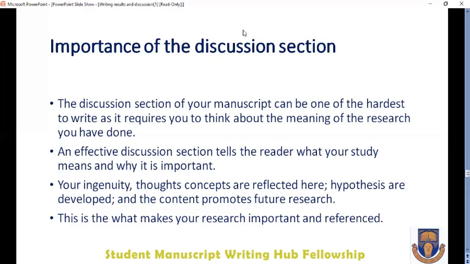So if you want to do further studies in a field, one area you should go to is to look at the discussion. That is where the scientists are going to propose possible explanations which you may want to further study to validate or invalidate, as the case may be.